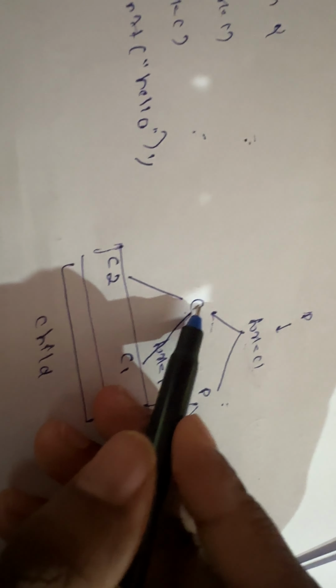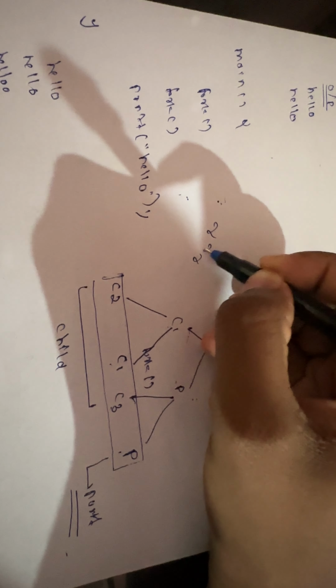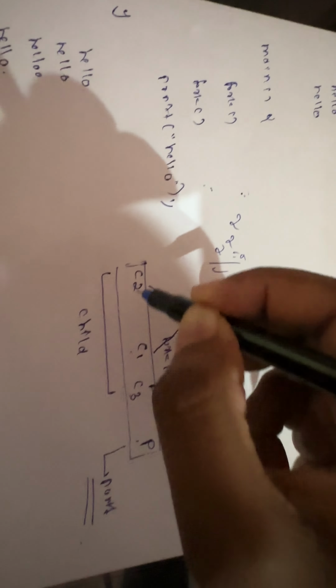Similarly, if I call n number of forks, 2 raised to n processes are created, and the child processes would be 2 raised to n minus 1. When I call 2 forks, a total of 2 raised to 2, that is 4 processes will be there, 1 2 3 4. That means 4 times hello will be printed, out of which only 3 of them are child processes, that is 4 minus 1. So in general we say, if there are n forks, then the child processes from this would be 2 raised to n minus 1.